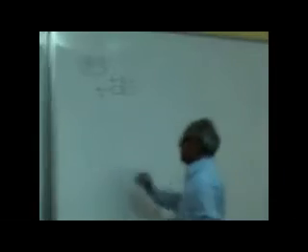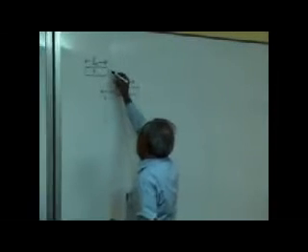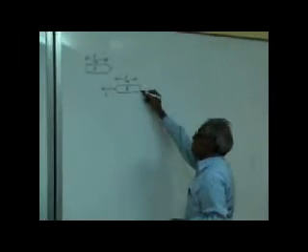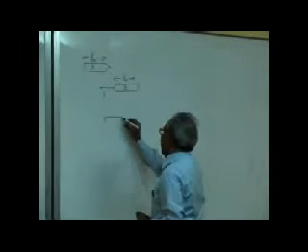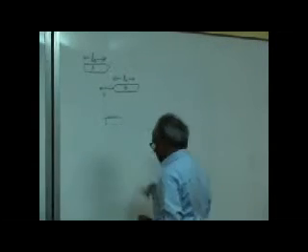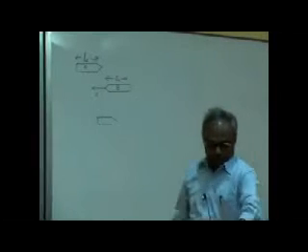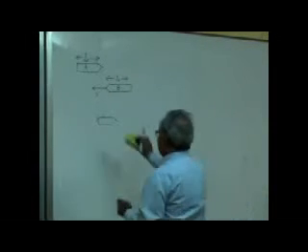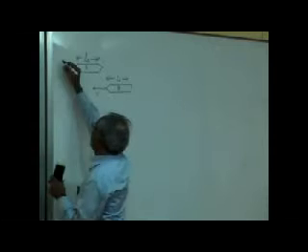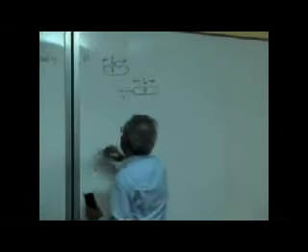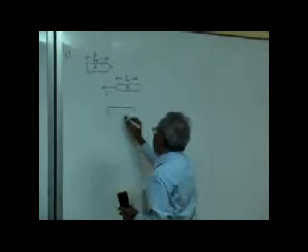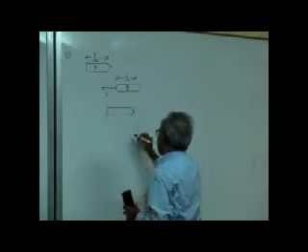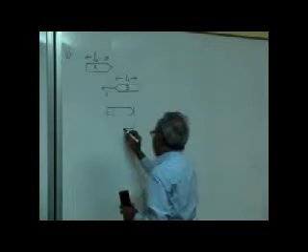Now, let us look at the following situation in which the front end of A meets with the back end of B. This is my A. The front end meets with the back end.